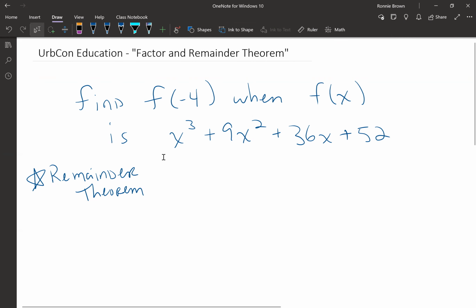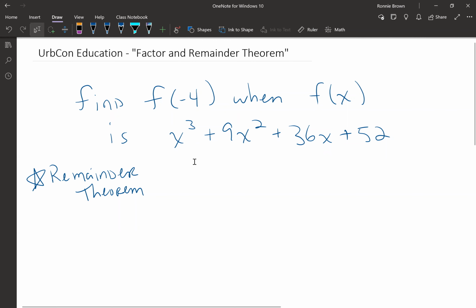Previously, we likely would have just tried to substitute -4 everywhere we see an x. That may be a bit more tedious because we would have to do -4 to the third power, here -4 squared, and then times 9, here -4 times the 36, and then add all those together, and then eventually come up with an answer.